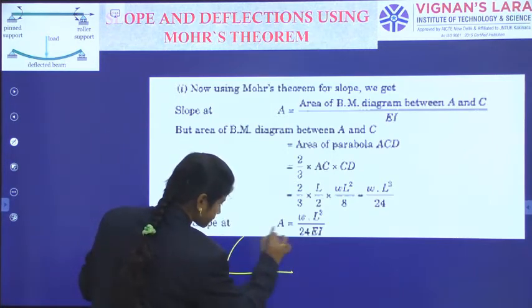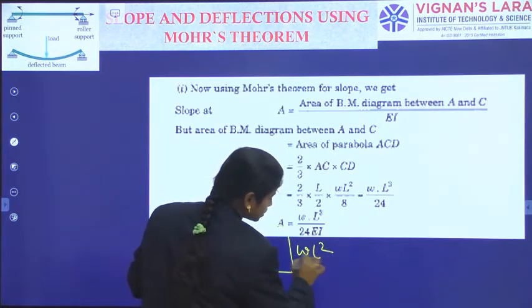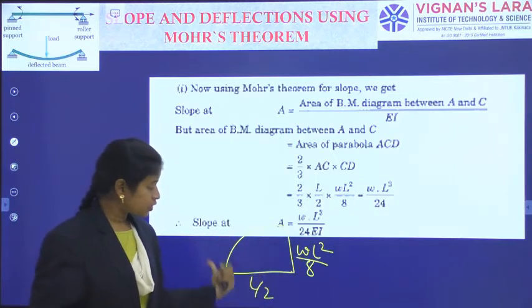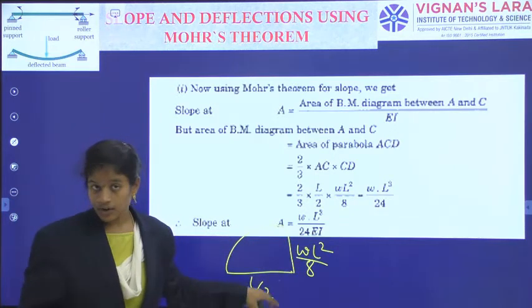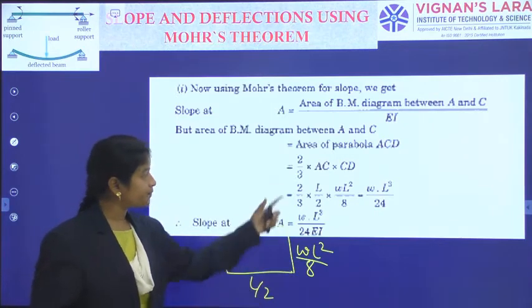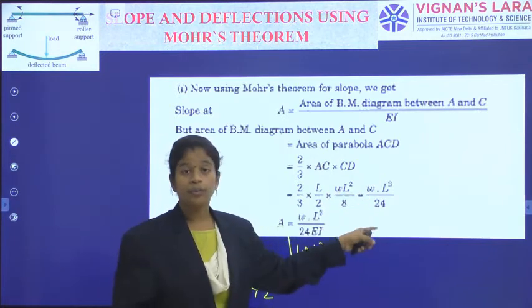See here, one is L by 2, and one is WL square by 8. So, what is the area of the parabola? It is 2/3. This is not a rectangle, not B into D; this is 2/3 base into height. So 2/3 of L by 2 into WL square by 8. On multiplication I have got WL cube by 24.